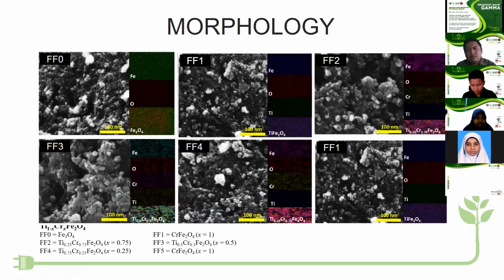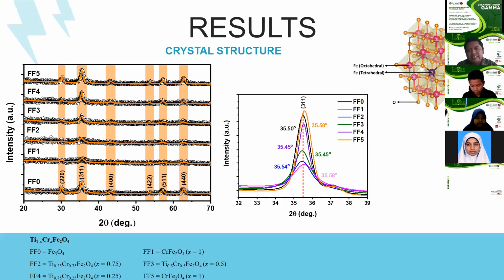This is our X-ray diffraction data. Based on this data, we can see that the doping process, the substitution of titanium and chromium ions, has been successfully inserted into Fe3O4 without any impurities.